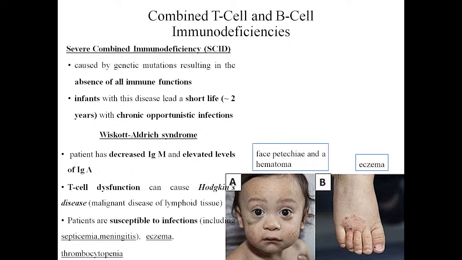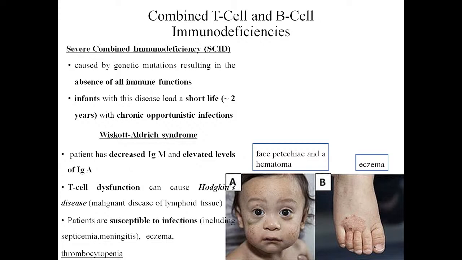Another disease caused by combined B and T cell deficiency is Wiskott-Aldrich syndrome. Patients with Wiskott-Aldrich syndrome have decreased IgM and elevated levels of IgA. T cell dysfunction can cause Hodgkin disease.